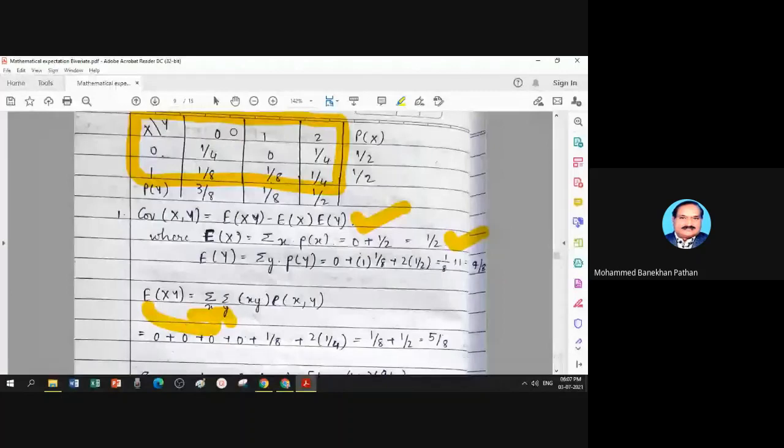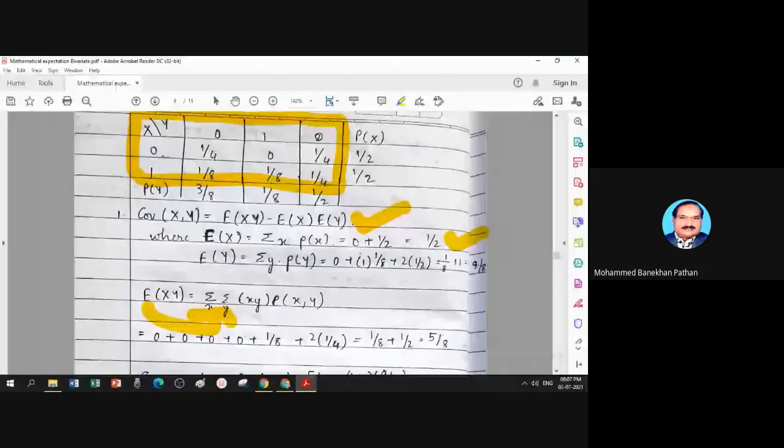Multiply by 0, so this is also 0. Now 1 multiply 1, product is 1 and joint probability is 1 by 8. So 1 multiply 1 by 8. 1 multiply 2 is 2 and joint probability is 1 by 4.